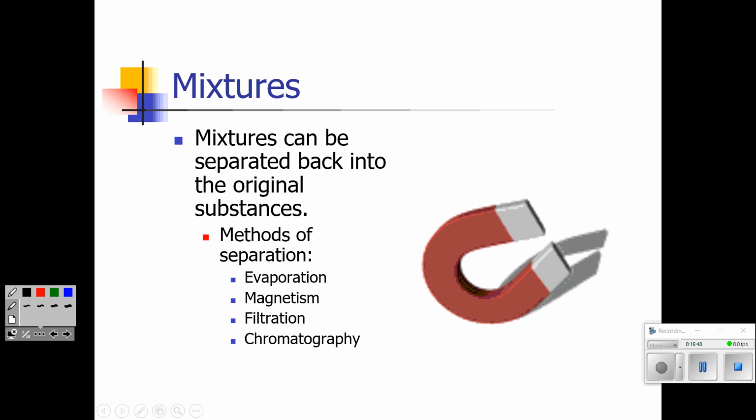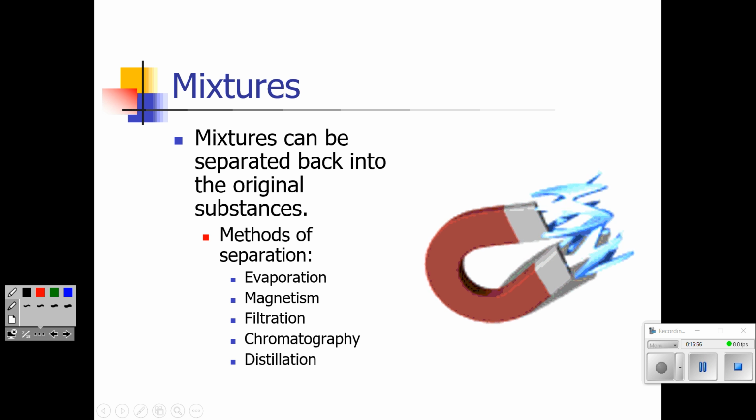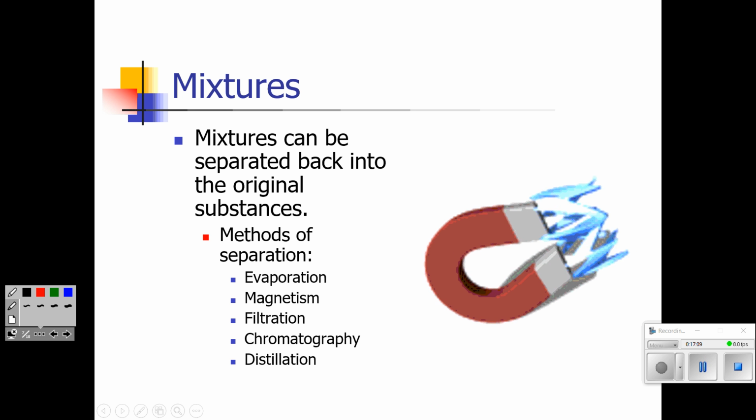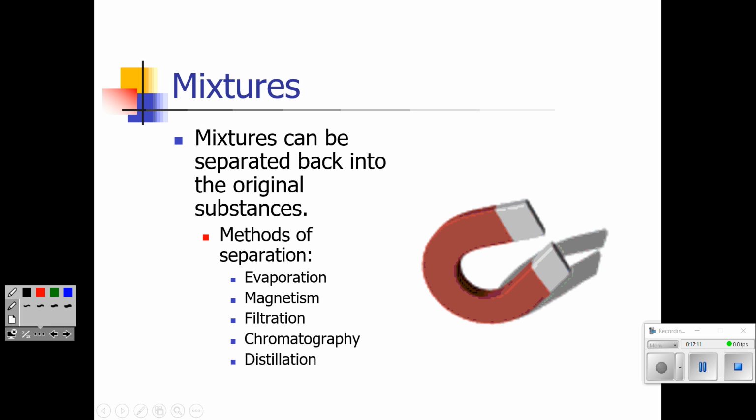Chromatography is using the absorption rate of something in order to separate out components of ink. And distillation is separation of two liquids. If you have liquids combined together as a mixture, you can use their boiling points and boil off the first liquid while leaving the remaining liquid behind, and that's how you can separate those.